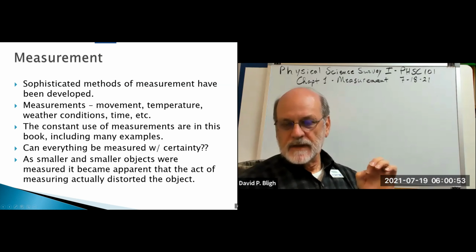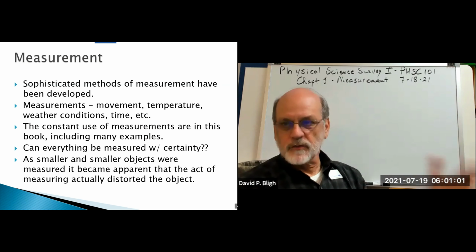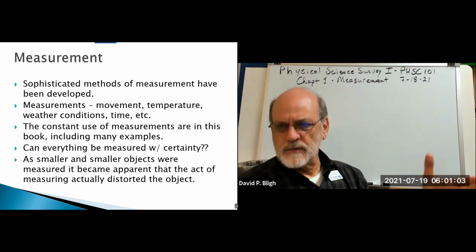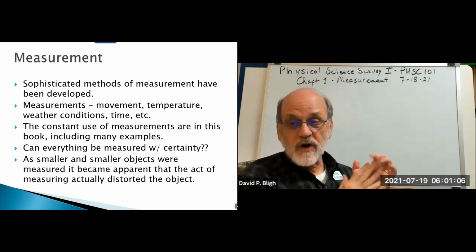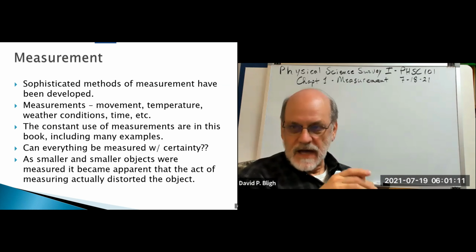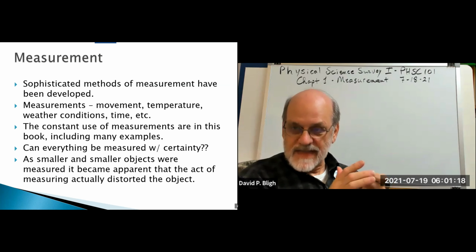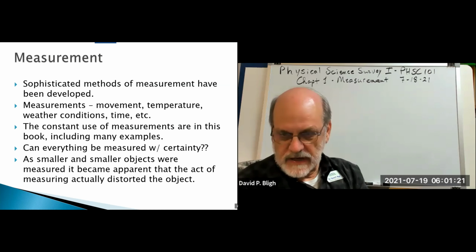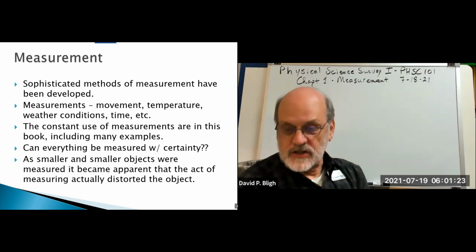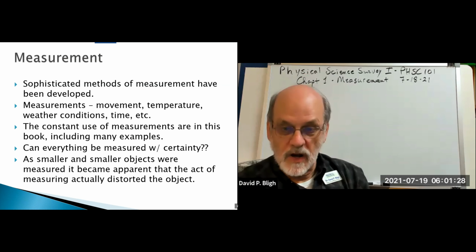In other words, if you try to measure the length of a car, you can measure it 10 different times and get fairly close measurements each time. But if you try to measure an atom, where it is, how fast it's going, or the size of the atom, the simple act of measuring will change it. So it becomes more difficult to get accurate measurements of very small objects.